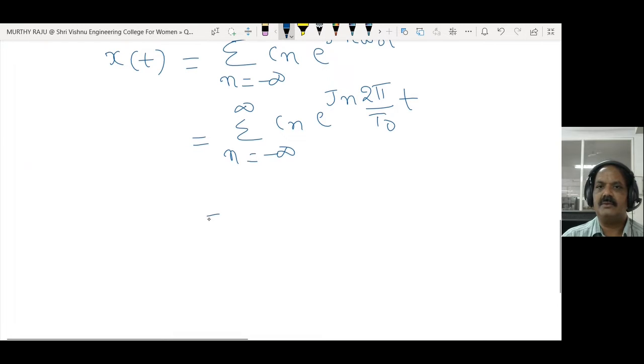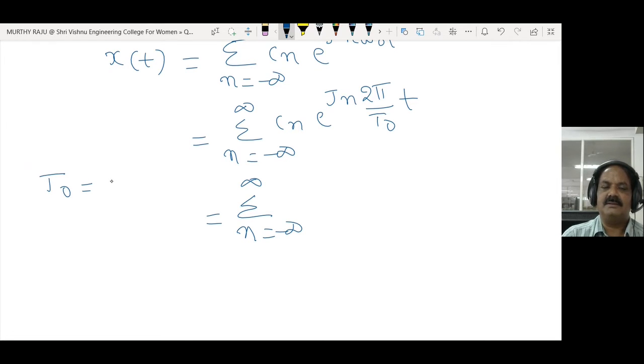From the waveform, the time period T0 is pi, as explained initially for the fully rectified cosine function.